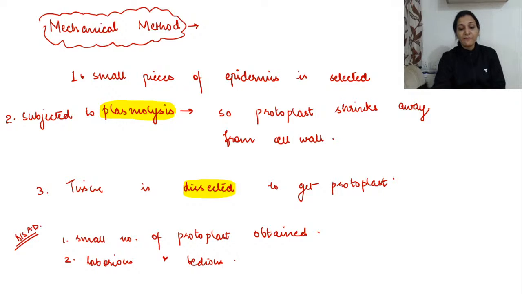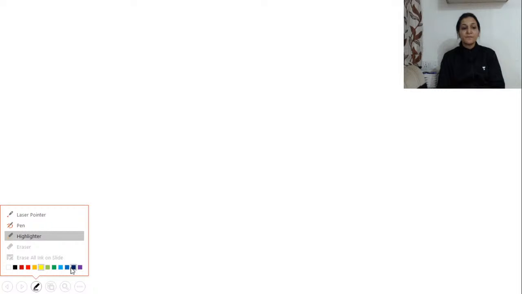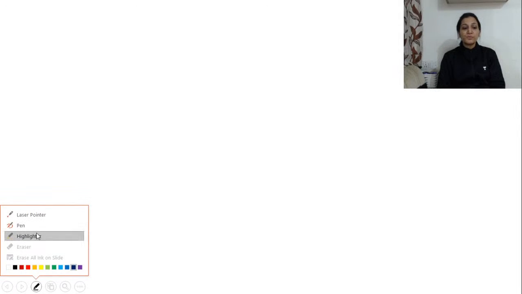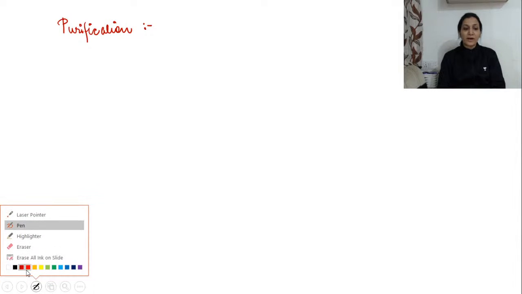Now when we have obtained the protoplast, maybe by enzymatic method or mechanical method, we cannot directly go on using them. We need to purify them so that we can actually have a proper protoplast. So the next step is purification, or selection of a viable protoplast.